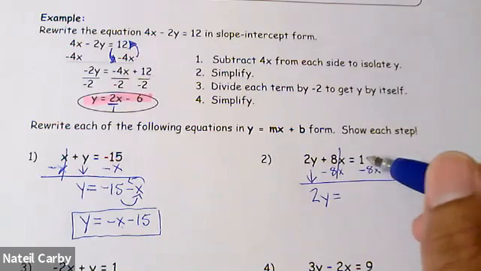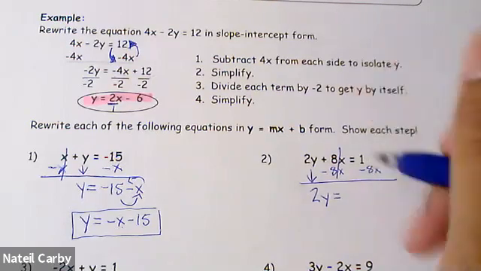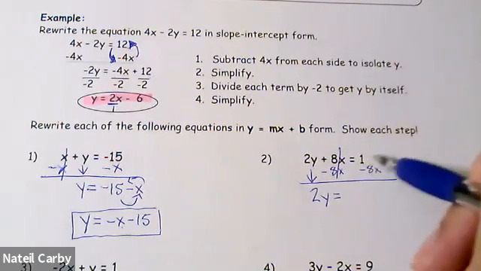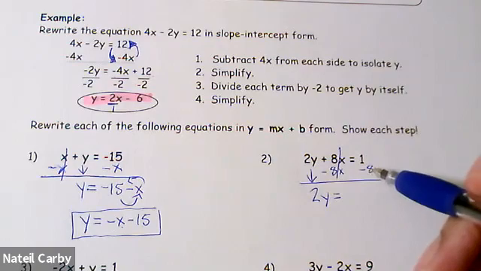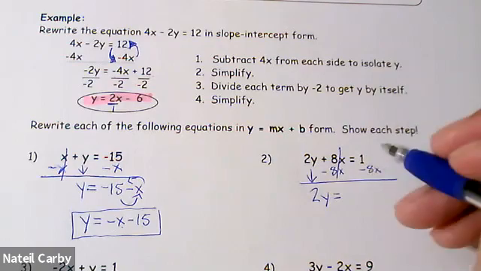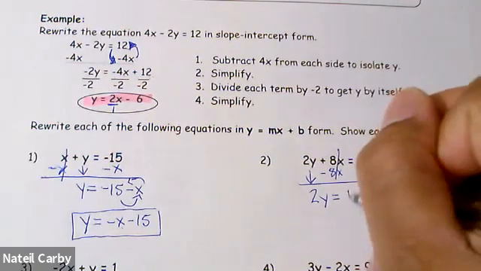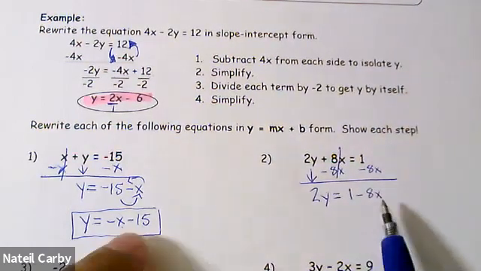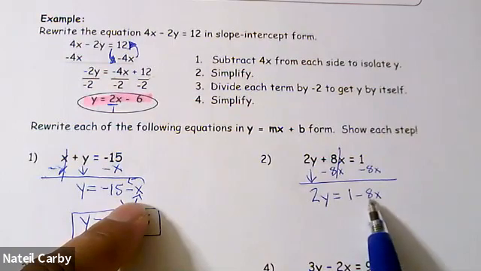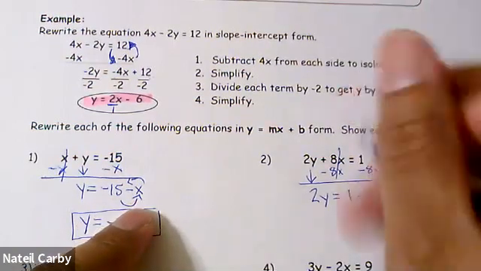Okay. So again, same principle here. If these are unlike terms, right? I can't subtract 8x from 1. I can't do that. It's apples and oranges, right? So I got to keep them as apples and oranges. I gotta bring everything down. So then I have 1 minus 8x. But just like we said over here, we want the slope in front, right?